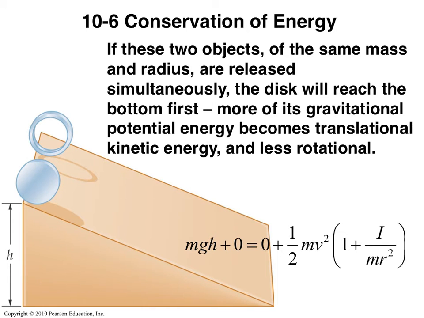The point of analyzing a rolling object in terms of its rotational motion and its translational motion is that it allows us to write down the total kinetic energy of a rolling object in terms of the rotational kinetic energy, which is 1/2 I omega squared, and then the usual translational kinetic energy, the good old 1/2 mv squared.